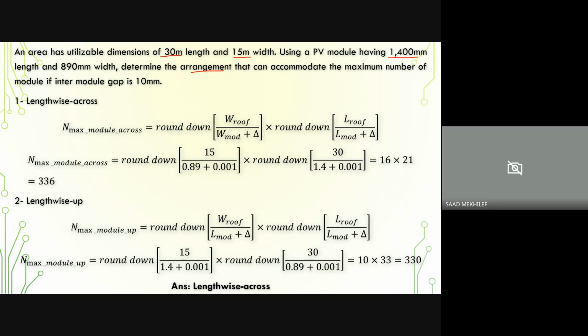Determine the arrangement that can accommodate the maximum number of modules. If the inter-module gap, because there is always a gap, you see this delta here? This is the gap. You cannot calculate exactly, because there will be a gap of maybe 1 cm. Sorry, it's 0.1 m.